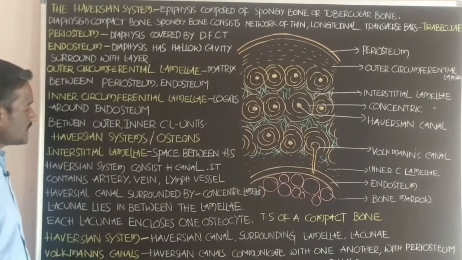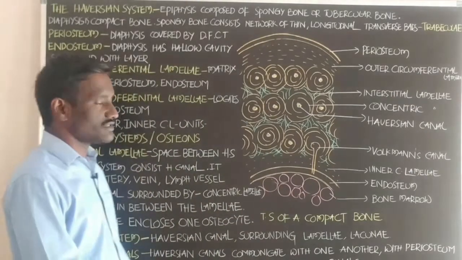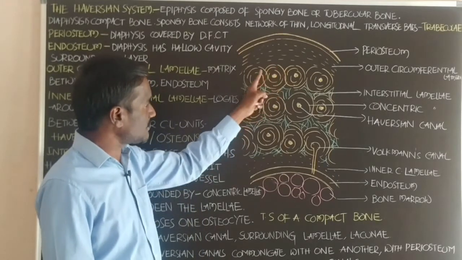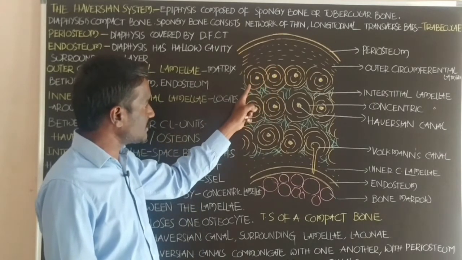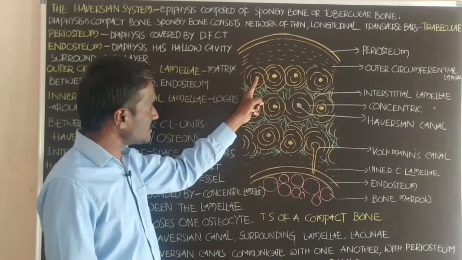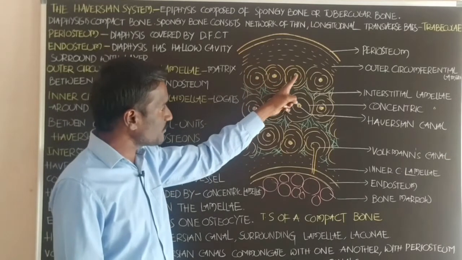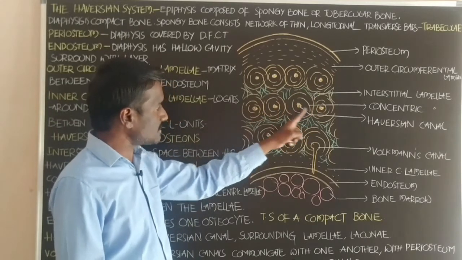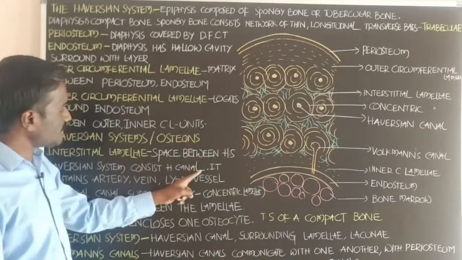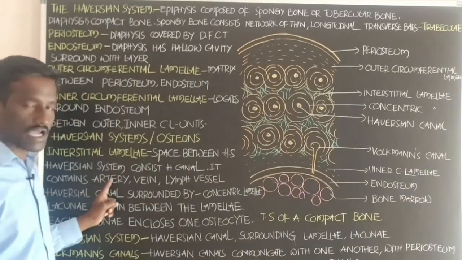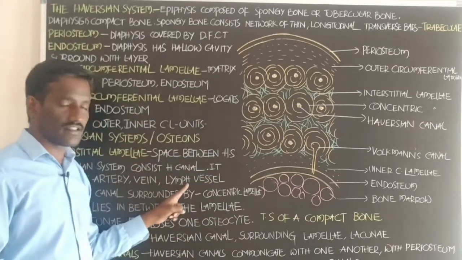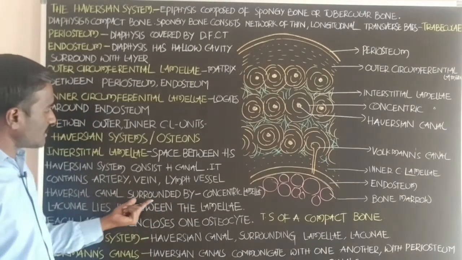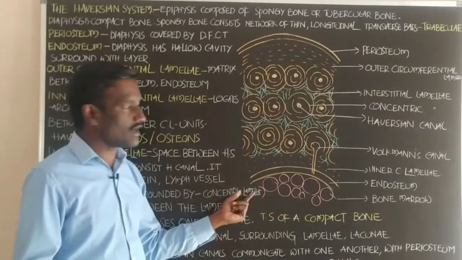Next, each Haversian system consists of a Haversian canal. The Haversian canal contains an artery, a vein, and lymph vessels. The Haversian canal is surrounded by concentric lamellae.